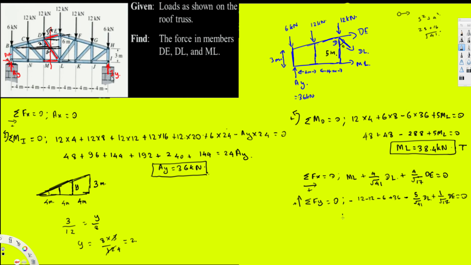So if I calculate all together, I will get minus 24 minus 30 plus 36. I can write 6 minus 5 over root 41 dL plus 1 over root 17 dE is equal to 0.